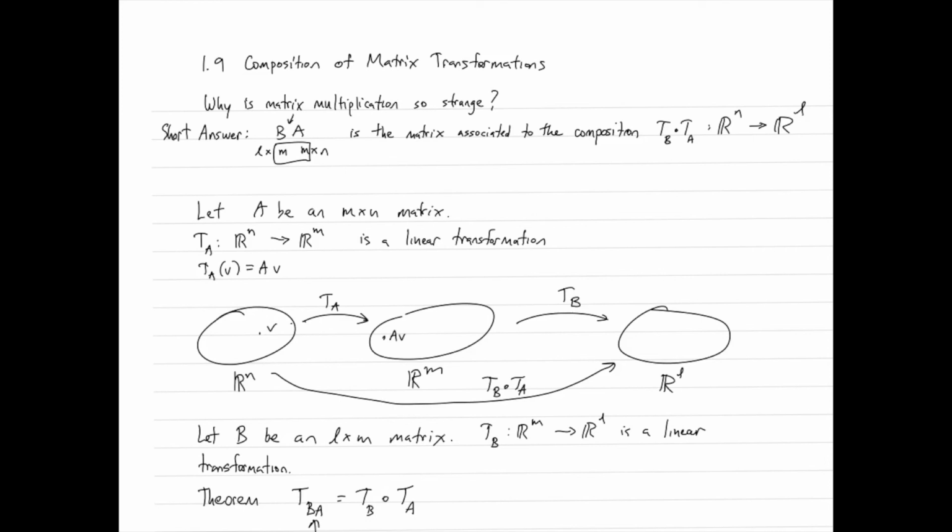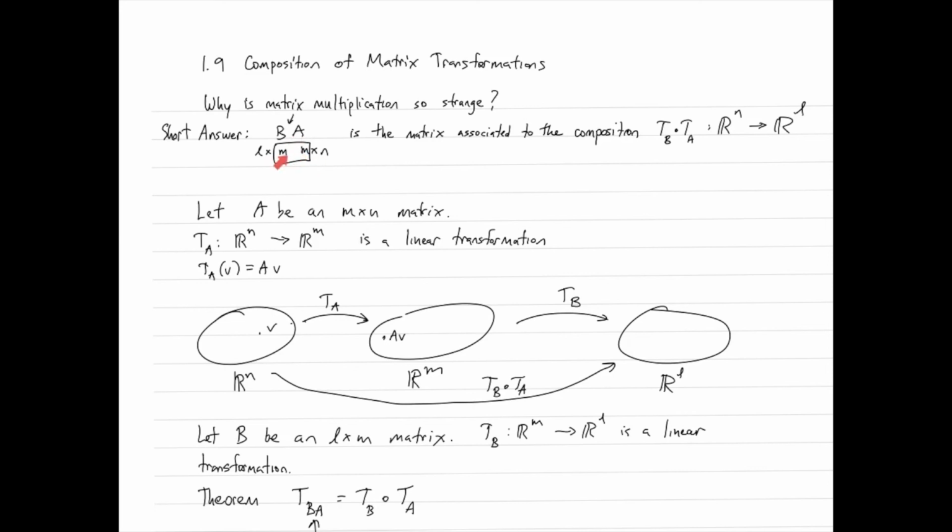Why not just take each term in one matrix, multiply it with some corresponding term in the other matrix, and that's the product? But no. Anyway, the short answer is that for the matrix multiplication of two matrices B times A, B is a matrix of dimensions L rows and M columns, and A is a matrix having M rows and N columns.